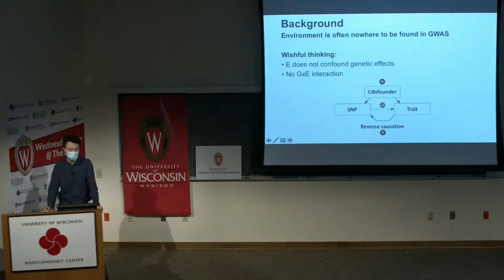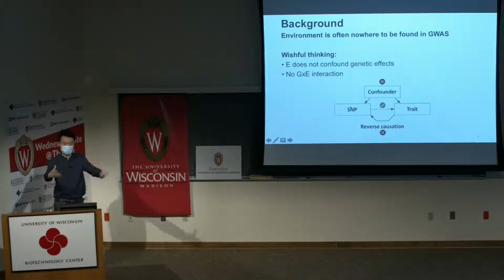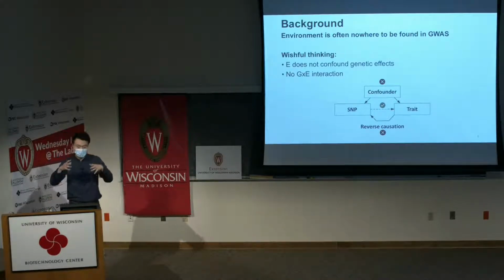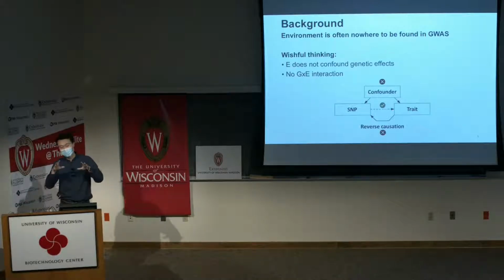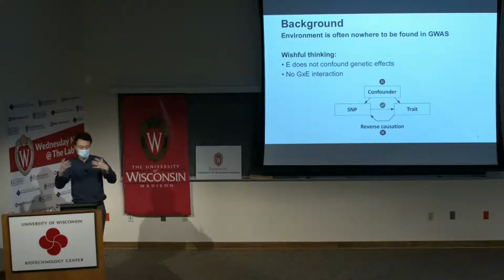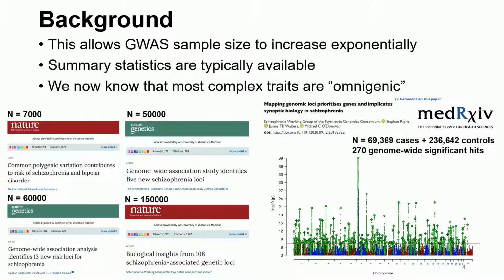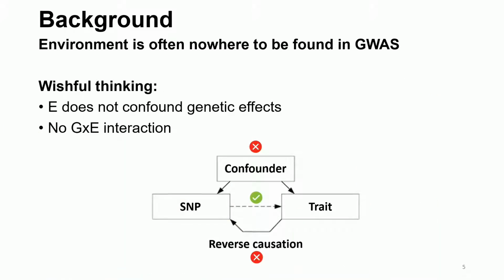Because obviously we don't want your genetic association to be confounded, but the reason why the genome-wide association study is somehow robust to such confounding effect is because we're talking about germline DNA variations that you get after you're conceived, certainly after you're born. These things don't change just because you eat or drink certain things or you go to certain school. So environment is not going to causally change your germline DNA variation. So because of that, in some applications, you are safer from confounding in your association analysis.